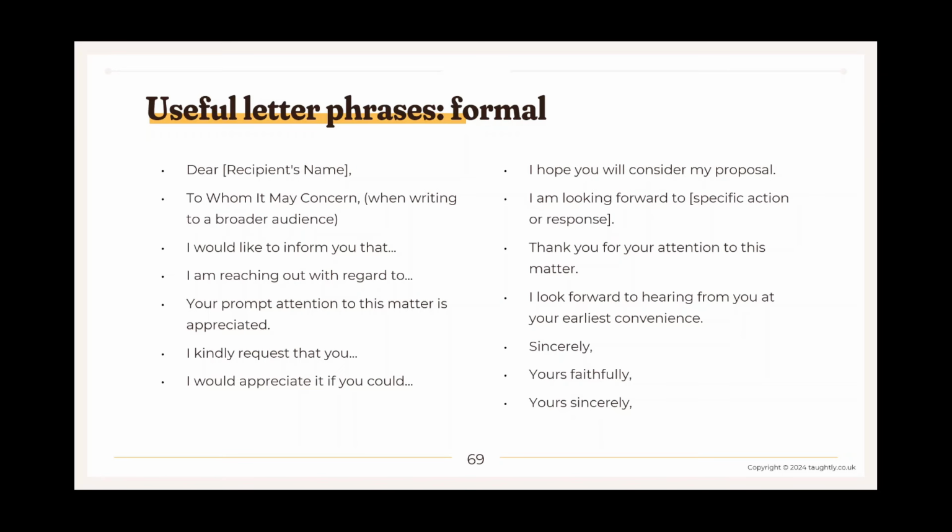I would like to inform you that I am reaching out with regard to. Your prompt attention to this matter is appreciated. I kindly request that I would appreciate it if you could. I hope you will consider my proposal. I am looking forward to. Thank you for your attention to this matter. I look forward to hearing from you at your earliest convenience. Sincerely, yours faithfully, yours sincerely.